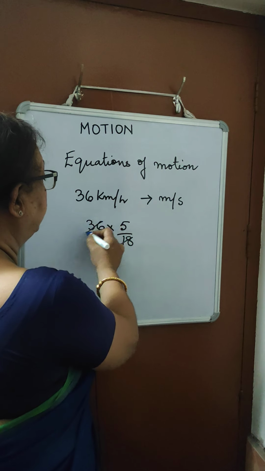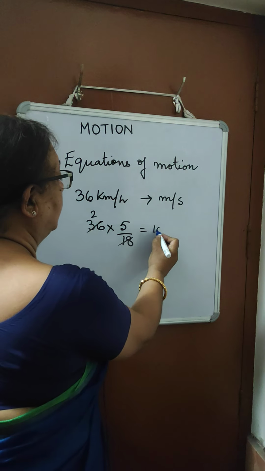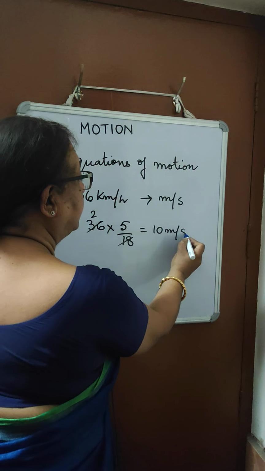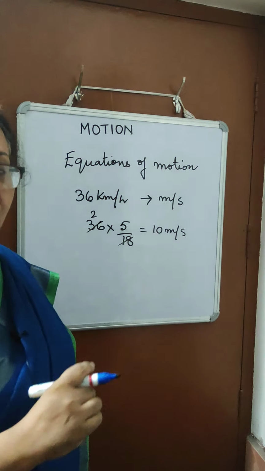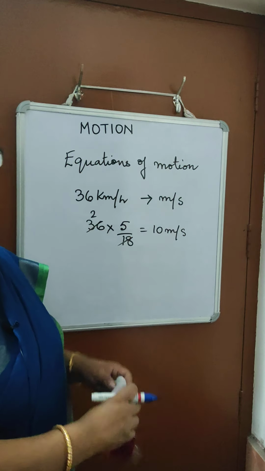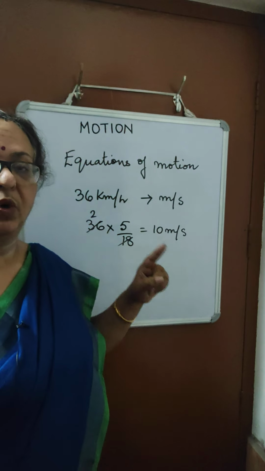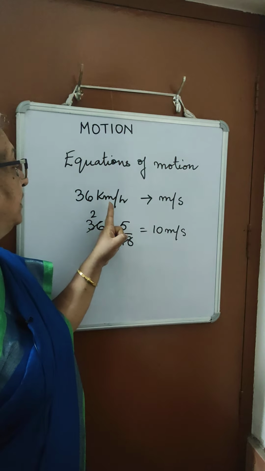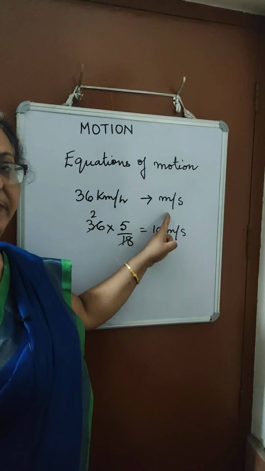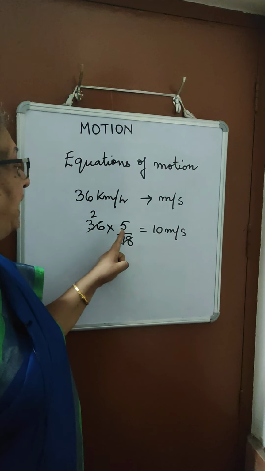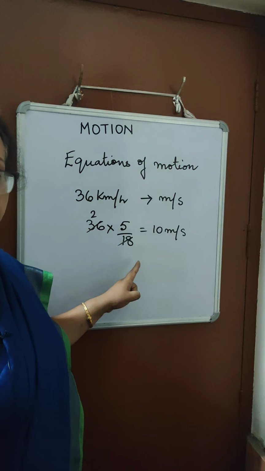Solve it. 18 2s are 36. You have 10 meter per second. So when you do the numericals, instead of going through the whole process, if you want to convert kilometer per hour to meter per second, directly multiply by 5 by 18.